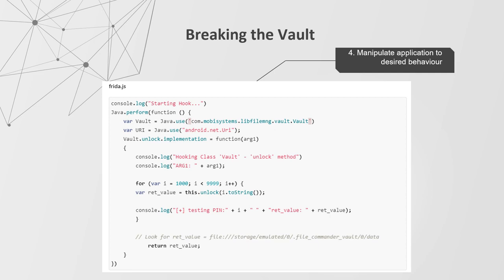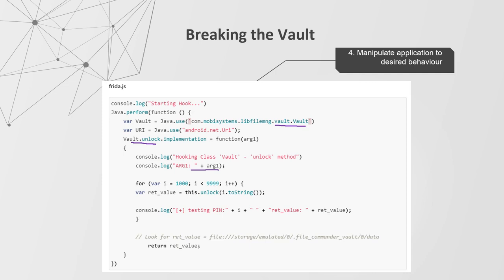I then wrote a little JavaScript to be used by Frida to manipulate the application. Let's go through it together. I first use the Vault class and then hook the unlock method, and then log the original argument being passed into the method. In this case, this is the original pin number that I manually place into the application itself.